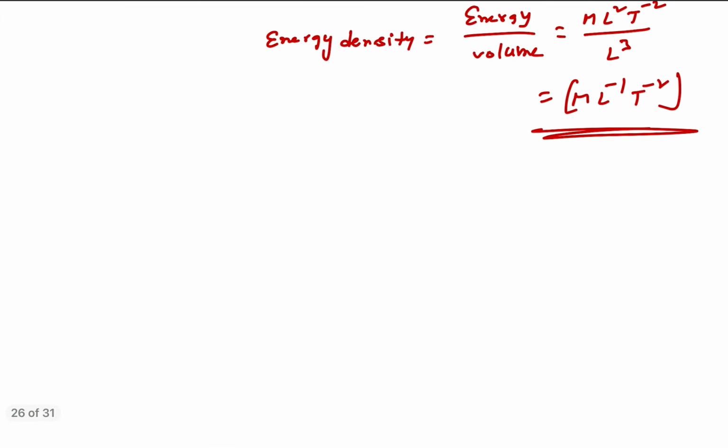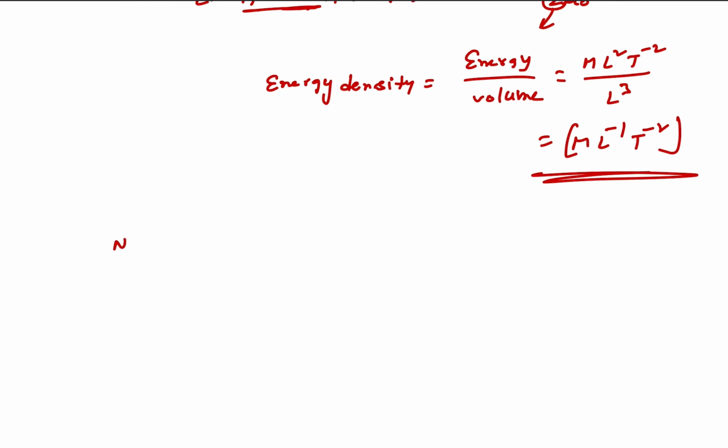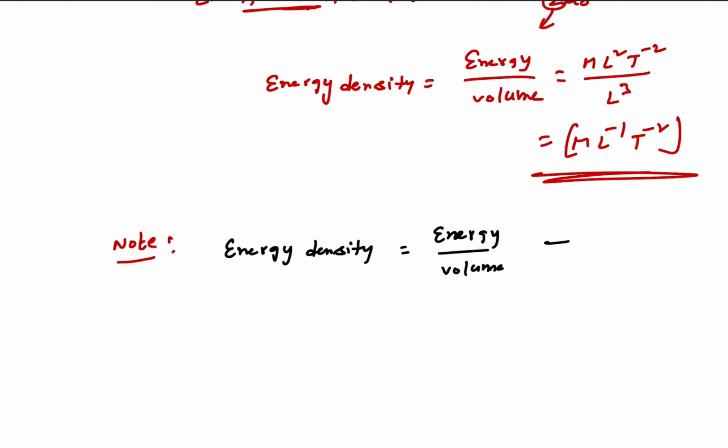Okay, next one. Here I am going to tell one thing. Energy density is energy by volume. That dimension is M L power minus 1 T power minus 2. Next, pressure.